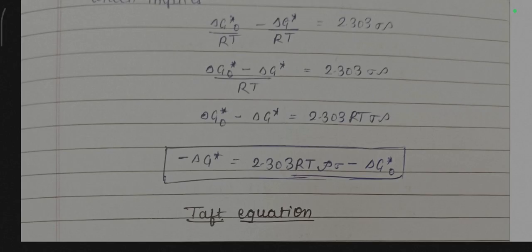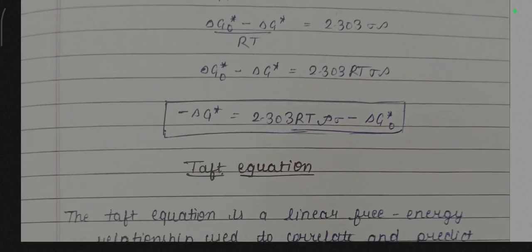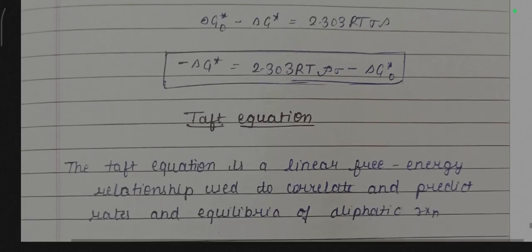Del G naught star minus del G star is equal to 2.303 RT sigma rho, so minus del G star is equal to 2.303 RT sigma rho minus del G star naught.